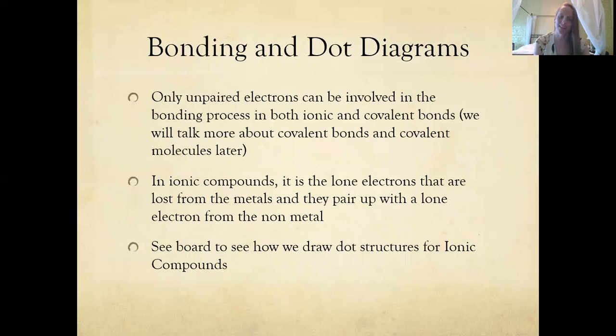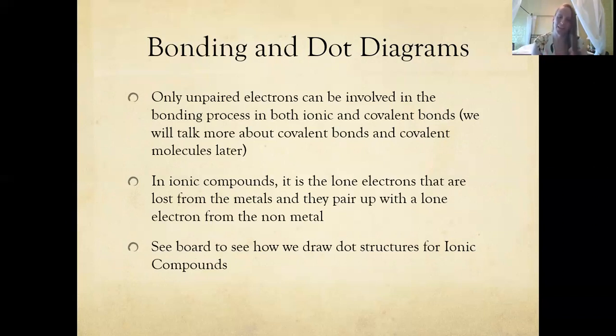Only unpaired electrons can be involved in the bonding process with both ionic and covalent molecules. We'll talk more about covalently bonded molecules later and also some of the exceptions to that rule. But in an ionic compound, it's going to be the lone electron that gets lost from the metals, and then it will go over and bond with another lone electron on the non-metal.